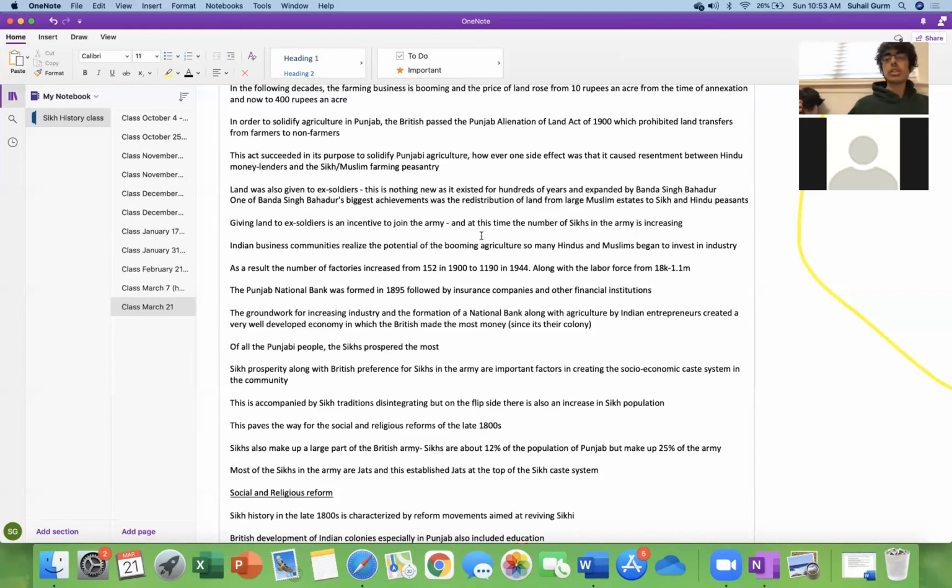At this time, recruitment is very heavy, and the number of Sikhs in the army is increasing very fast. This is one of the reasons, because they know that after they're done, they're going to get land. I don't know if you guys remember, but a little over a month ago, Nimrith brought in a thing from one of her great grandparents, which was actually a little grant where he was given land for his service in the military.